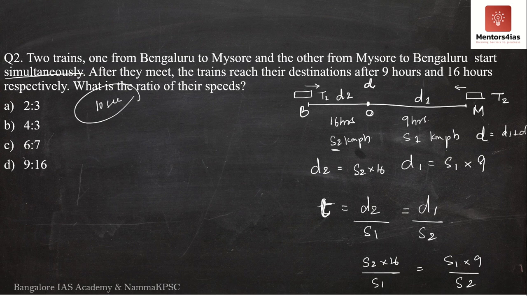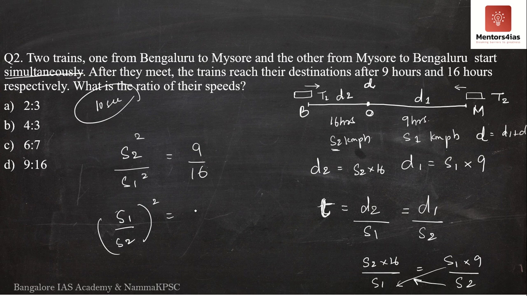I'm taking S2 over here and bringing S1 over here, and 16 I'm taking to the denominator over here. So what do I get? S2 into S2 is S2 square divided by S1 square is equal to 9 by 16, or I can write this as S1 by S2 whole square is equal to 9 by 16.